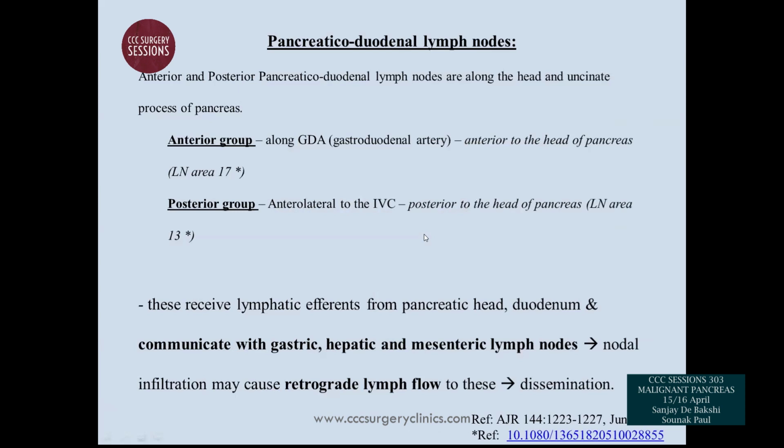The peripancreatic lymph nodes usually communicate with the perigastric, hepatic, and mesenteric lymph nodes, and any involvement of them causes a retrograde lymphatic flow into these territories of the gastric and the mesenteric lymph nodal stations and causes lymphatic dissemination.